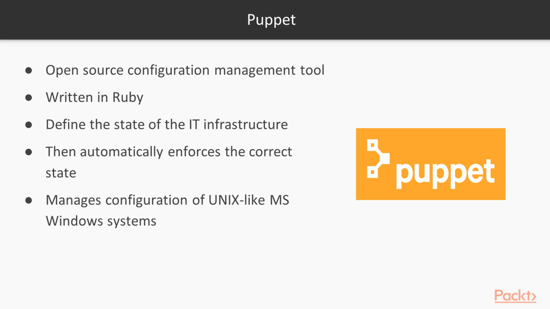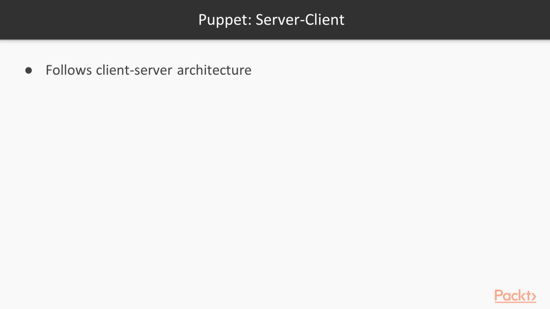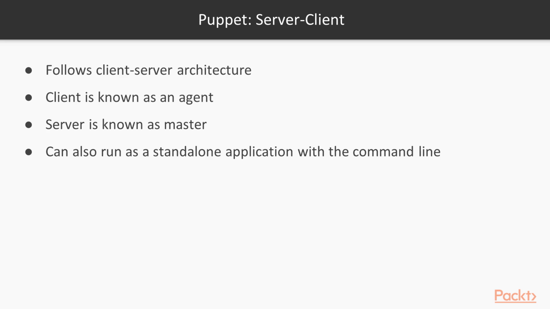It manages configuration of Unix-like as well as Microsoft Windows systems. It has a Puppet manifest which describes the system's resources and states. Puppet follows the server-client architecture. Client is known as an agent, server is known as a master, and it can also run as a standalone application using command line.